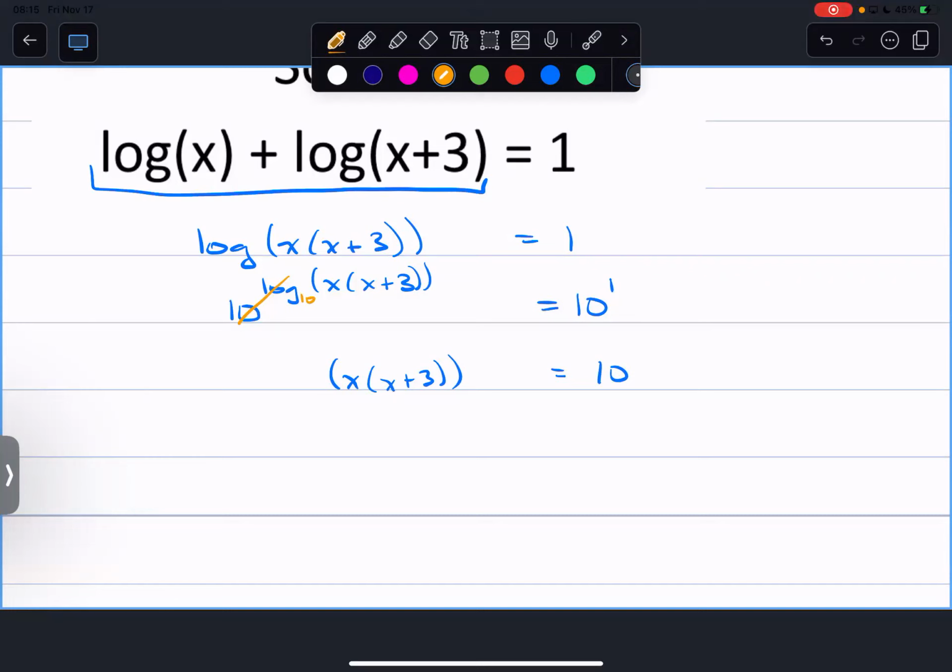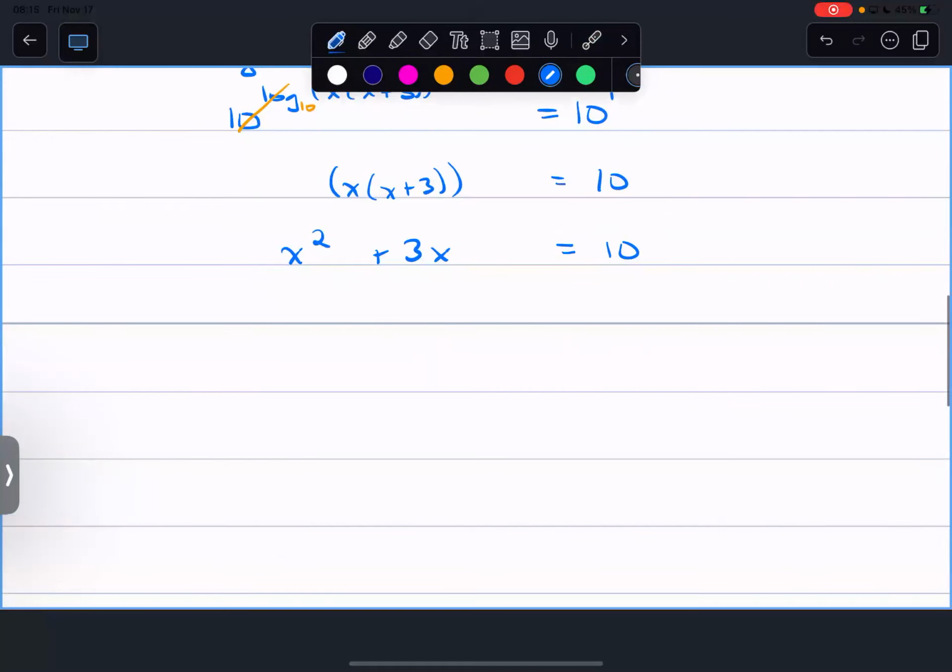Okay, so now we're back in familiar territory. If I want to solve for x here, then I've got x squared plus 3x is equal to 10. I can move everything over and set it equal to 0 and use the quadratic equation. x squared plus 3x minus 10 is equal to 0.